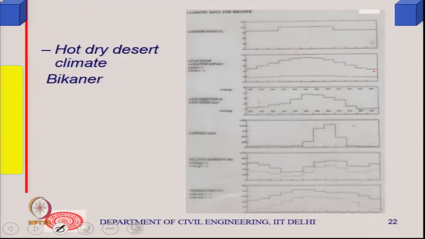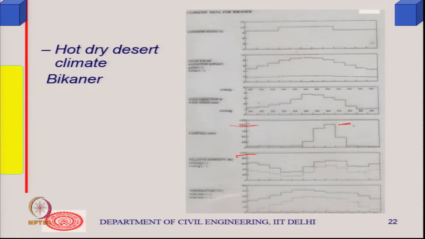Similarly, hot dry climate, which is Bikaner, receives very little rainfall, as I said. The precipitation is around 100, maximum 125, whereas in Mumbai the scale was maximum 750.